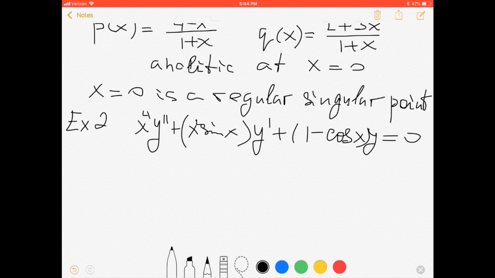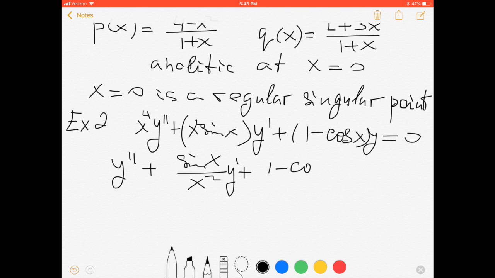Write it in standard form. You have the second derivative plus (sine x over x squared) times y prime, I forgot, plus (1 minus cosine x) over x to the fourth times y equals 0.